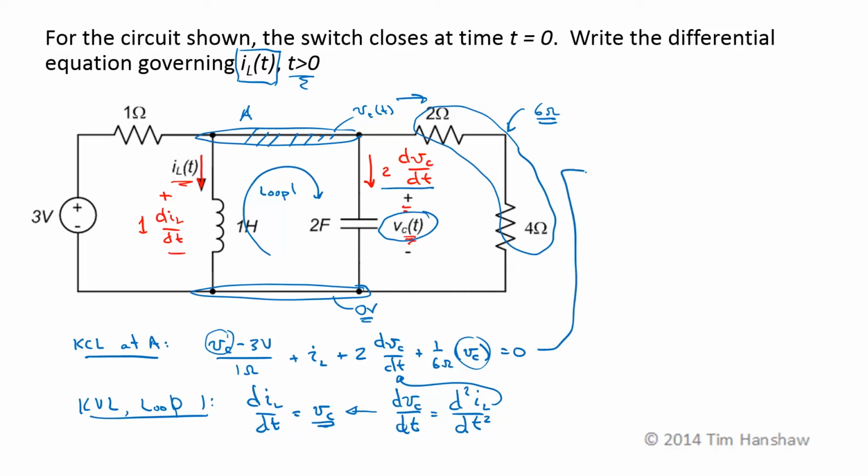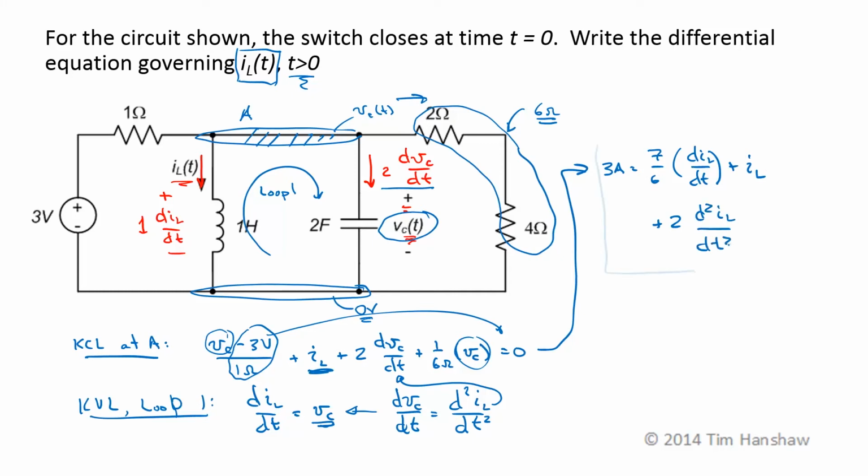So making that substitution, negative 3 over 1 ohm taken to the other side becomes a 3 amps is equal to Vc over 1 plus Vc over 6, which would be 7 over 6 Vc, which is just dIL by dt, plus I sub L, plus 2 times dVc by dt, which is d squared IL by dt squared. And there's my second order differential equation in terms of I sub L.